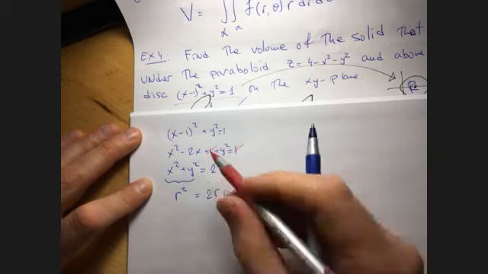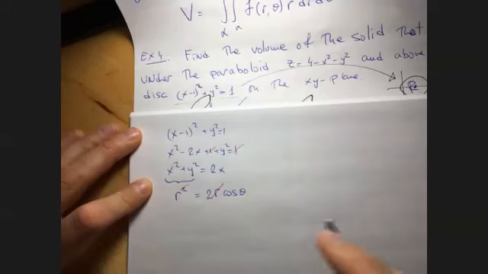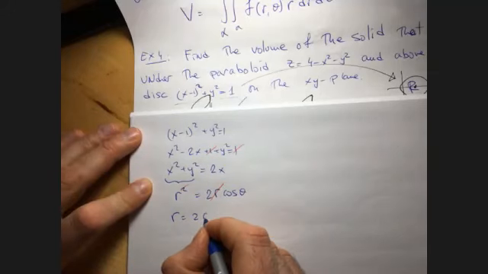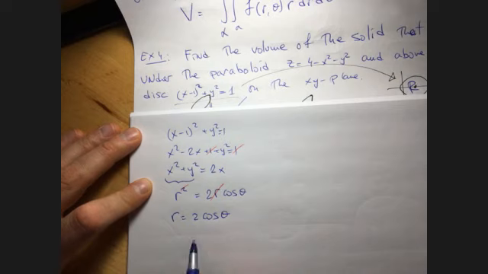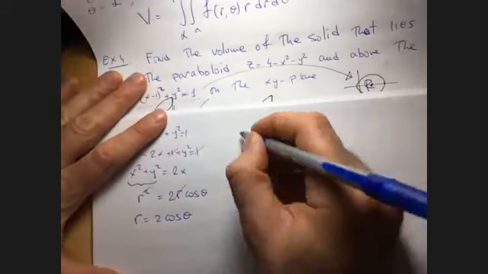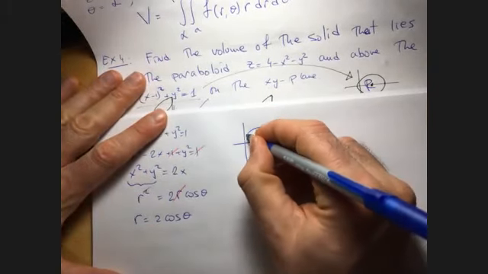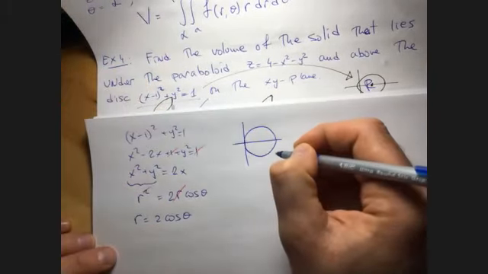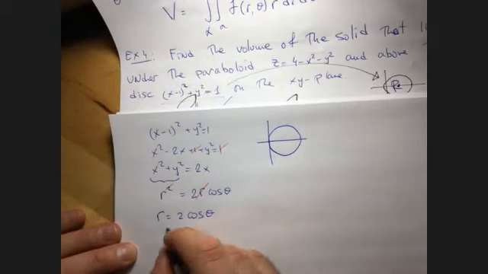Now cancel these two, and you get r is equal to 2 cosine theta. So this is the equation of this circle right here in polar coordinates.